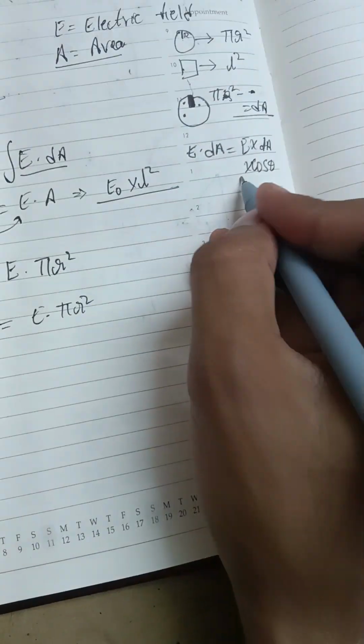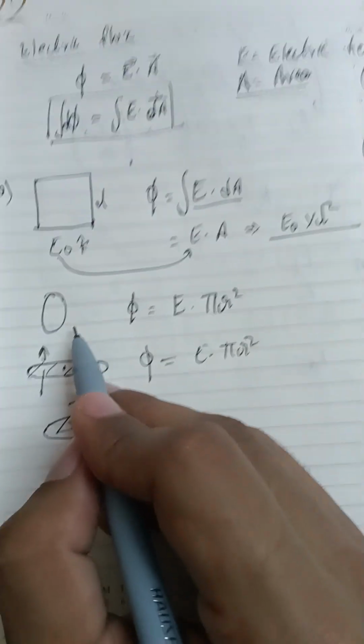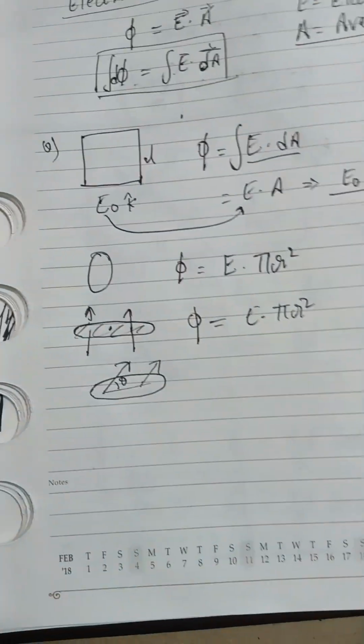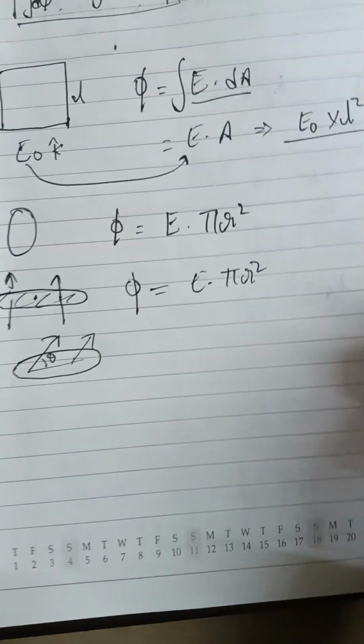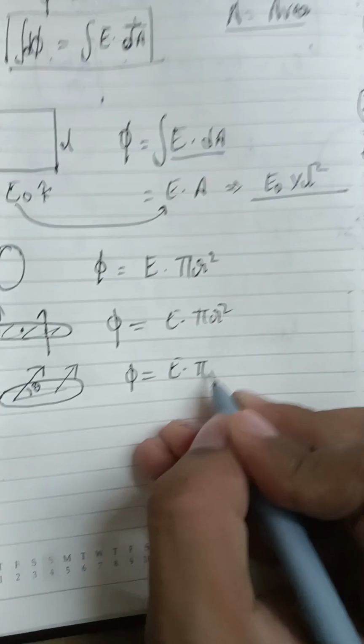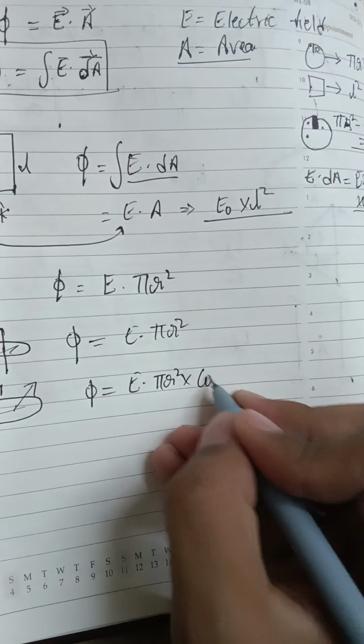Here the value of cos theta is 0, here also it is 0 and here also it is 0. So cos 0 is 1, so we don't consider that cos theta. But here there is some theta value, so it would be E dot pi r square into cos theta.